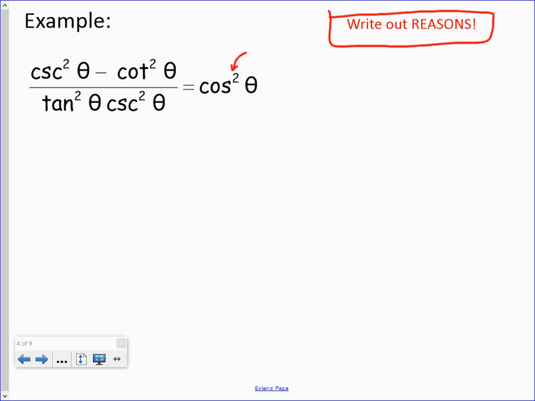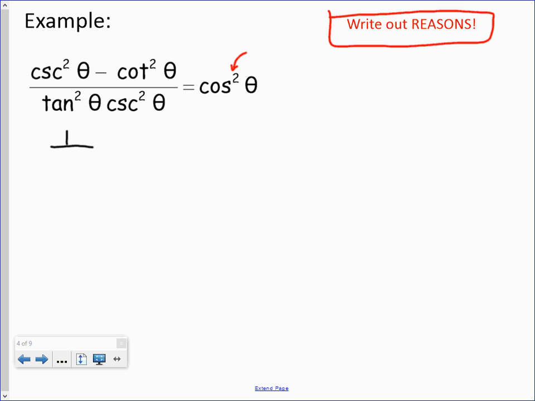Trevor, what's something you thought you might do? Oh, write the cosecants out as reciprocals. So reciprocal would be 1 over sine squared. Okay. Are we okay with that idea?